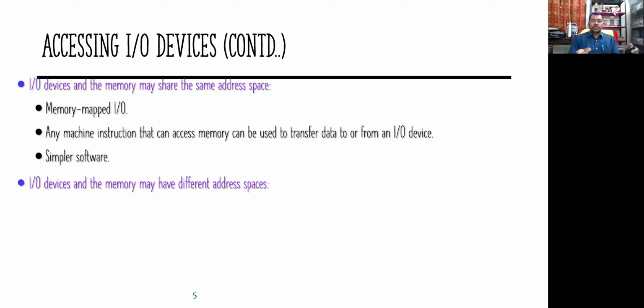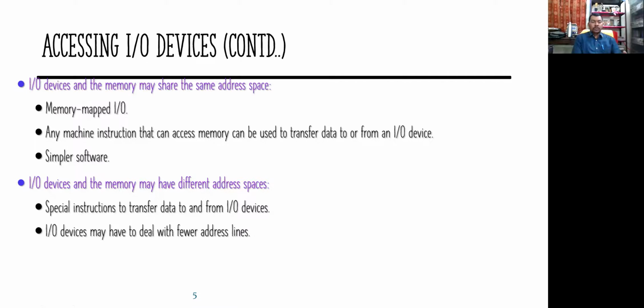But there is one more type where we do not use the same address lines or address space. Then special instructions are used to transfer the data to and from input output devices. So these are two types, and there is one more.